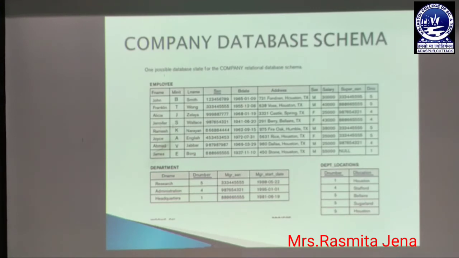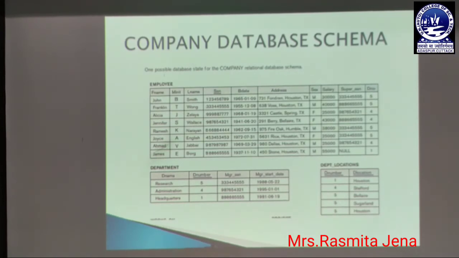That means we will retrieve the last name, that is Wallace, then the birth date, 20th June 1941, then the address, 291 Berry Bellaire TX. So we will retrieve the birth date, address, and last name of the manager who controls the project.